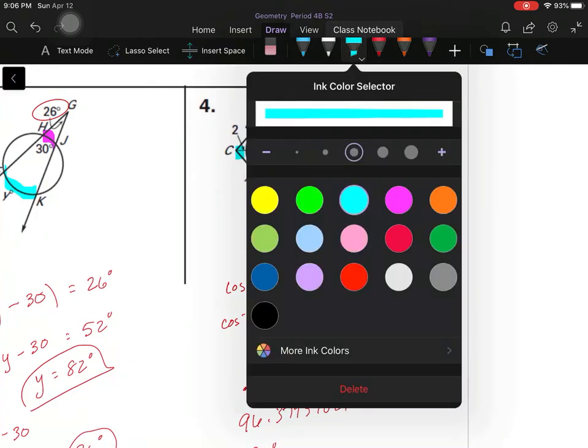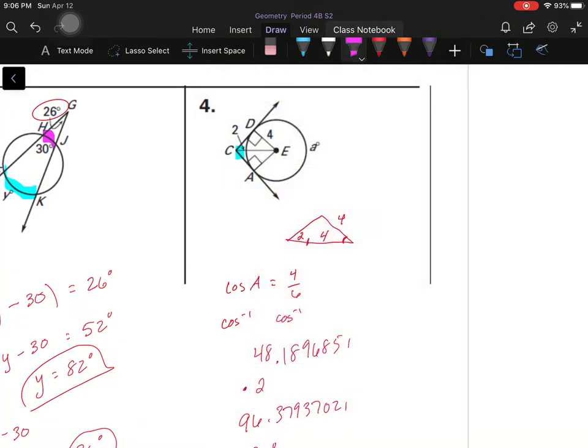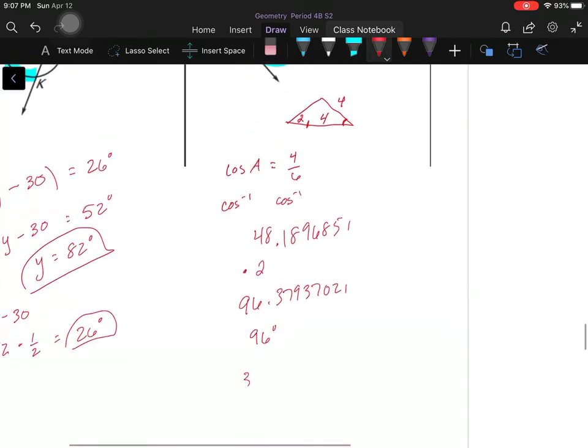So we found this angle measure, which is a central angle, which means this arc measure is going to be the same measure. The question, though, wants us to find this one. So mathematically, I'm going to take 360 minus 96. That's going to give me 264 degrees.